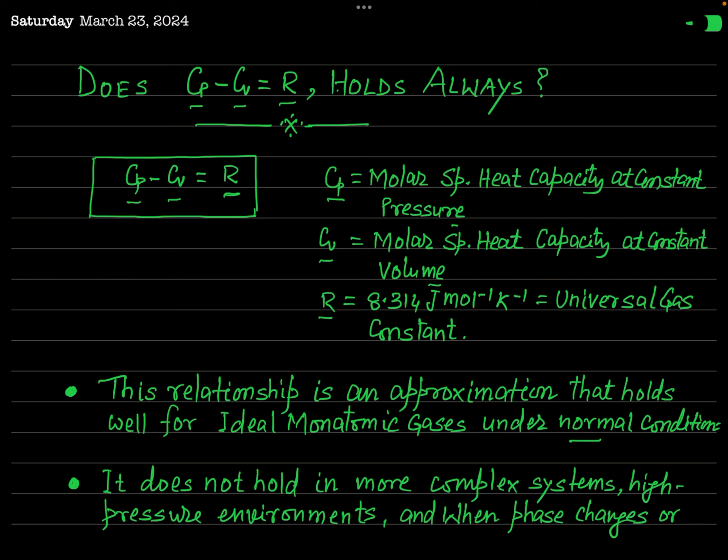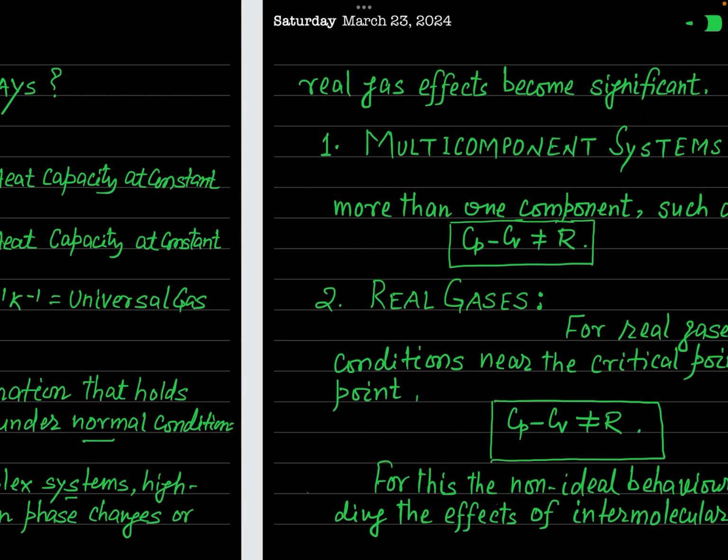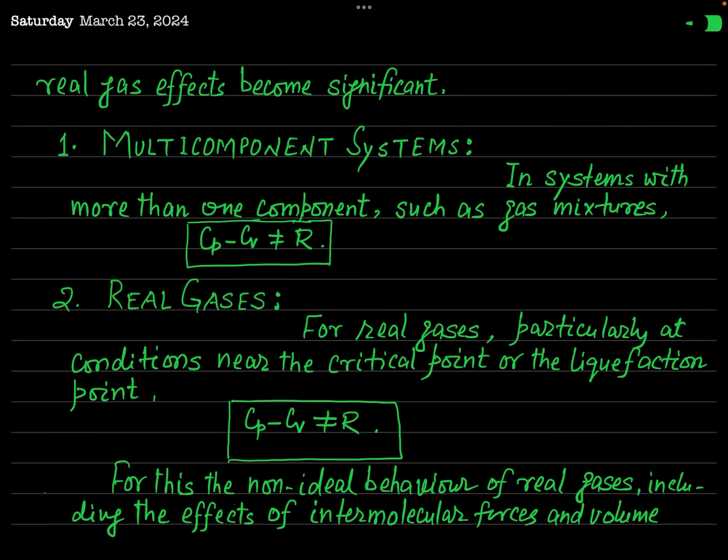In fact, you will see that in case of more complex systems, in case of high pressure environment, when phase changes take place, or when you are talking about real gases, the behavior of the system differs significantly from the ideal gas behavior, and the relation Cp minus Cv is not valid in those cases.